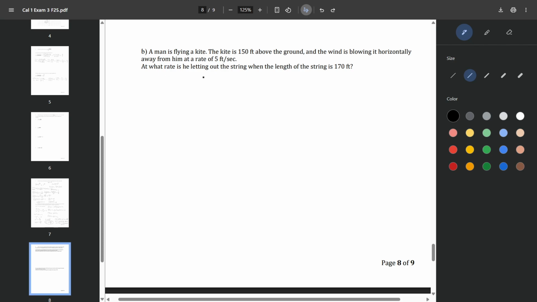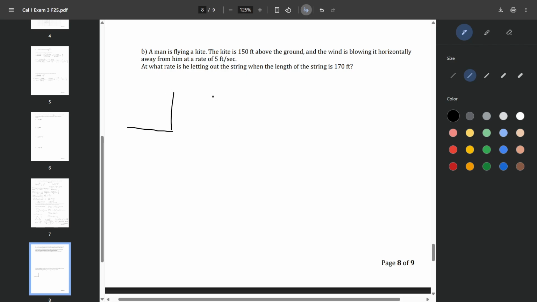So let us write down what information we have. We have a kite that is 150 feet above the ground, and the person is here, and this is the end point of the kite.